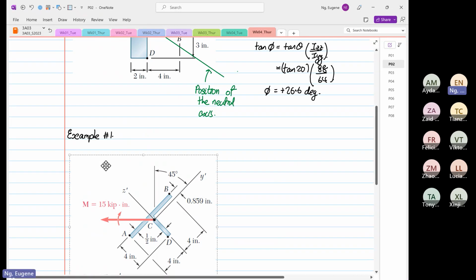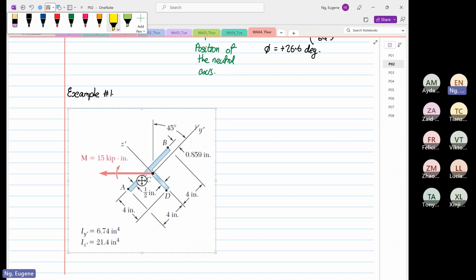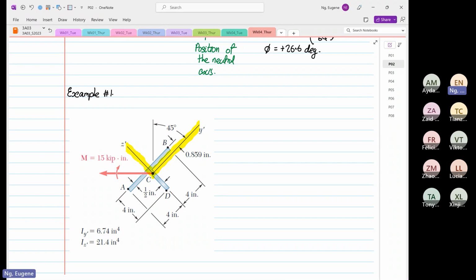Right. So given IY prime and IZ prime, I want you to focus on IY and IZ. The axis is in such an orientation that is orthogonal to the structure, right? And C is where the centroid is now.